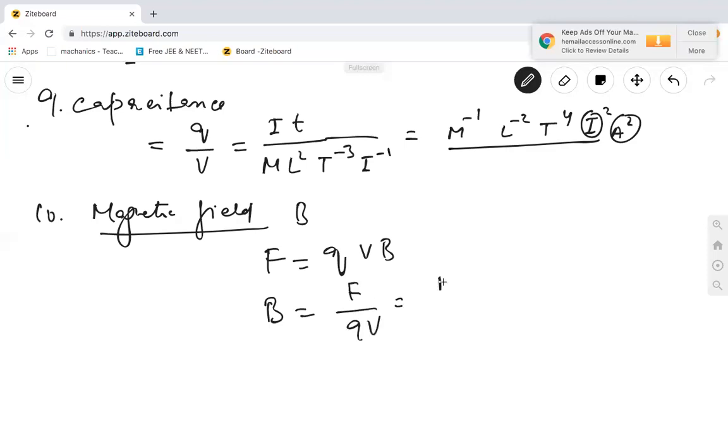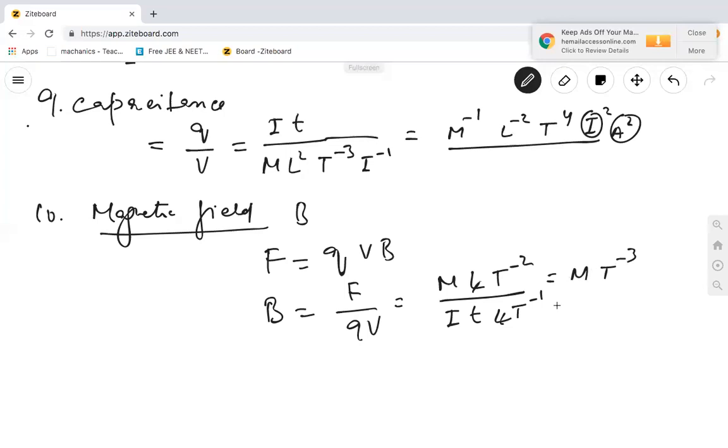F is M L T minus 2, that is force, by Q, which is current into time, and V is L T minus 1. Is that right? Yes, sir. L gets cancelled. It is M T minus 3, because T will go up and become minus 3, right? Yes.